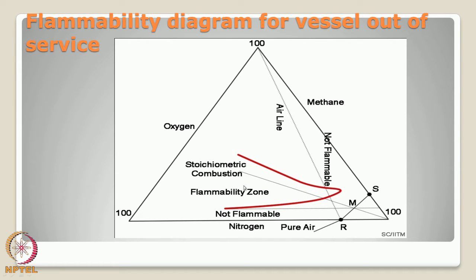Let us pay attention to the concentration points R, M and S, because M is actually the stoichiometric combustion line joining the apex of nitrogen. Let us say point R is the point on the nitrogen line which is the pure air concentration, and S is going to be the desired fuel mixture which is then arrived at, so that the fuel is made to remain in the non-flammable region.